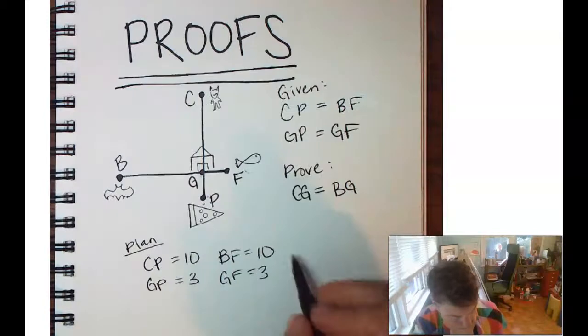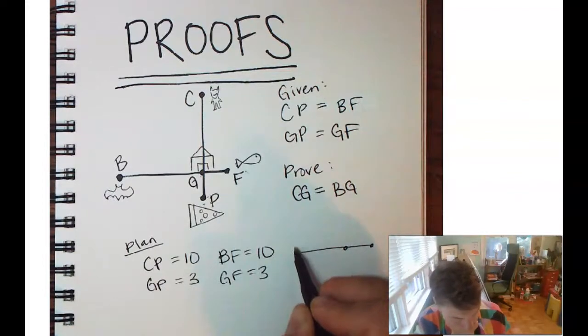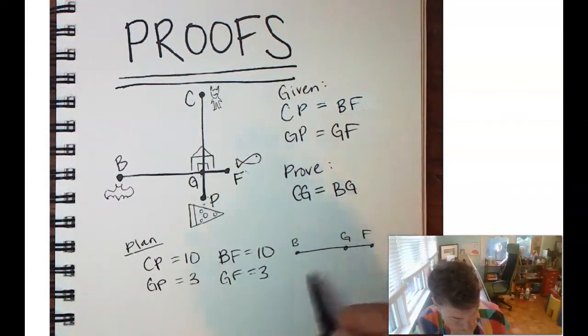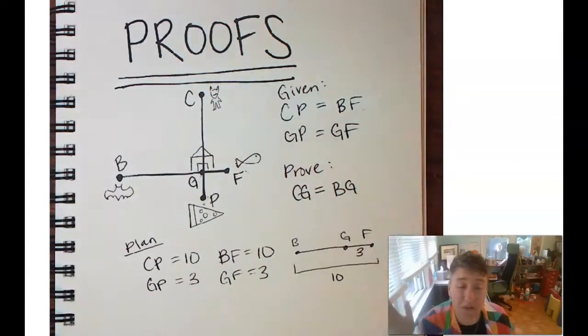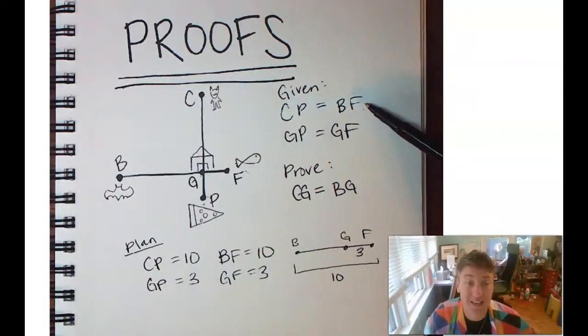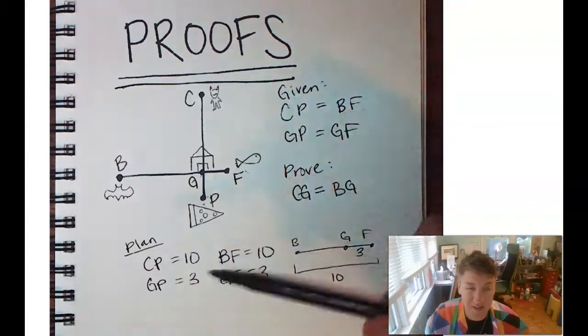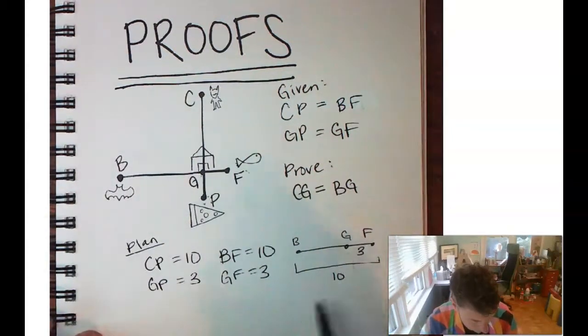So let's draw out those segments for a second. We've got B and G and F. We know this whole thing is 10, and this part is 3, just based off the numbers that we came up with so we could think about. None of this is true. This is just using the information that we were given, plugging in some numbers to try to make sense of what's going on here.